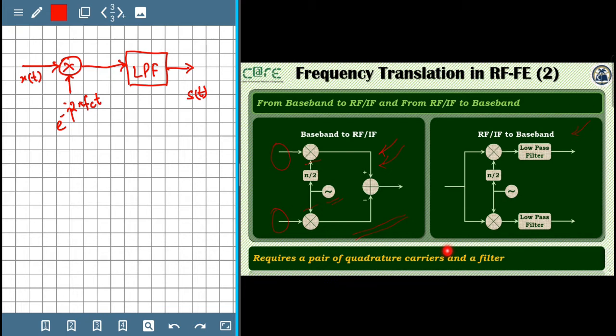And to see how these two block diagrams relate to each other and how they achieve this task of converting the signal from the RF or IF frequency to the baseband, let's have a look at the Fourier transforms. First of all, we plot the spectrum of x of t, which is basically a signal at plus fc and minus fc.